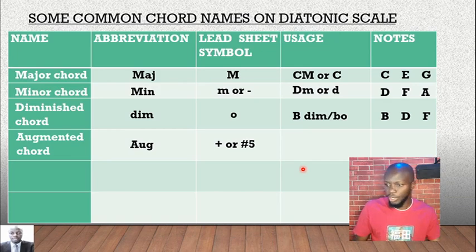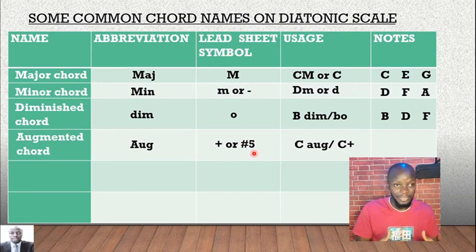And in the usage, you can have it as C augmented. So it means the fifth will be sharpened so that you have a stack of major thirds. So C, E, and G sharp. Or it could simply be C plus. C plus, saying that you should raise the fifth of the chord. When you say sharp 5, it's actually referring to raise anyway.